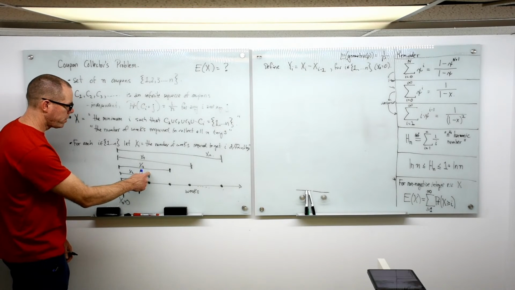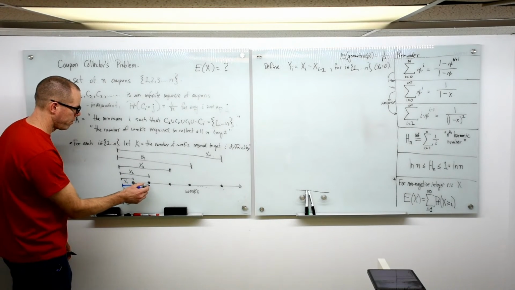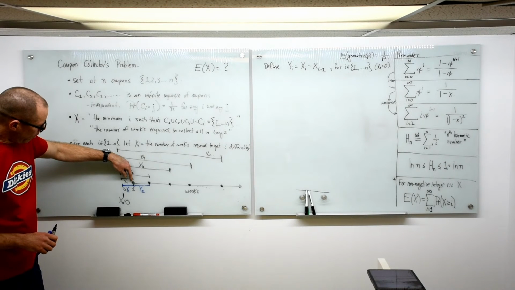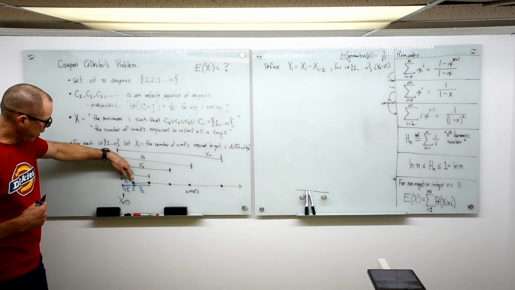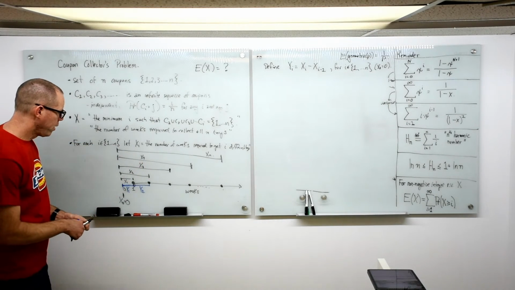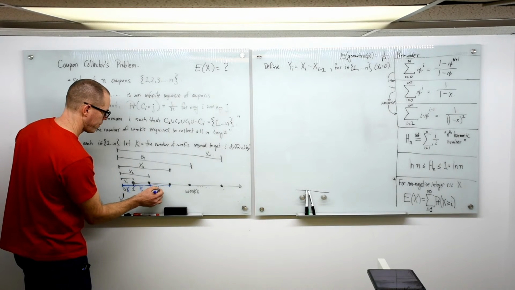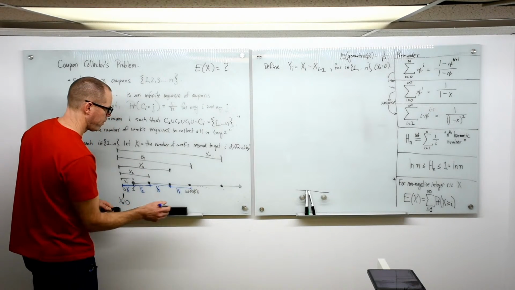Well, y2 is x2 minus x1. So if you think of it in terms of the length, that's what y2 looks like. It's actually the number of weeks we had to wait from the time we first got one coupon, one toy, until we got another toy, a new toy. And y3 is this thing here. And y4 is this thing here. Okay.